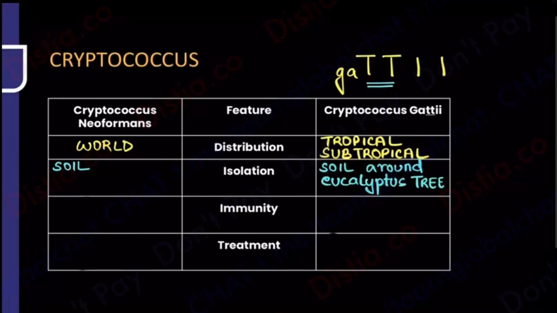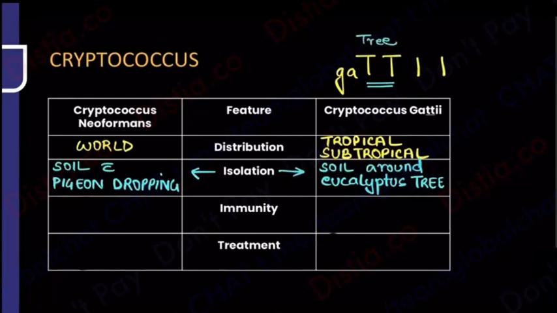Whereas Cryptococcus neoformans is going to be in the soil with pigeon droppings. So how is it going to come to us? If the soil has pigeon droppings, how is it going to come into our system? By inhalation. So one of the routes by which it is going to come, which I'll tell you in exactly a minute, is going to be inhalation. So the isolation is simple. Both of them are in the soil, but which is the soil with the tree? So gattii is going to remind you of tree.